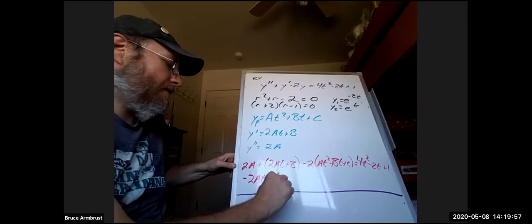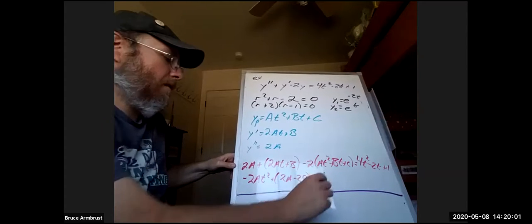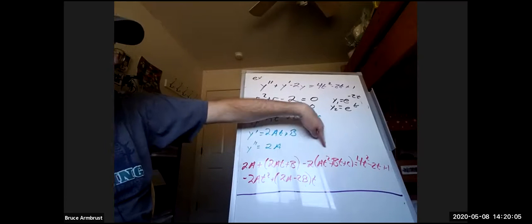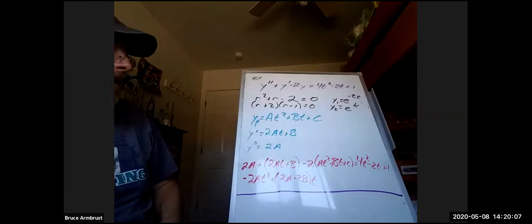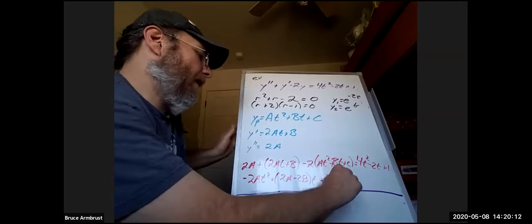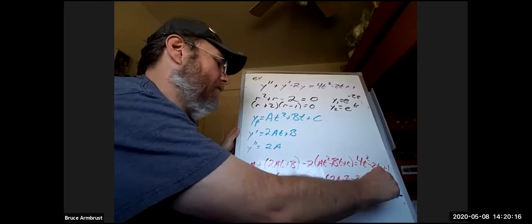For the t's, I'm going to get 2A minus 2B, that was this 2At and the minus 2 times the Bt. And then in terms of constants, I'm going to get 2A plus B minus 2C.